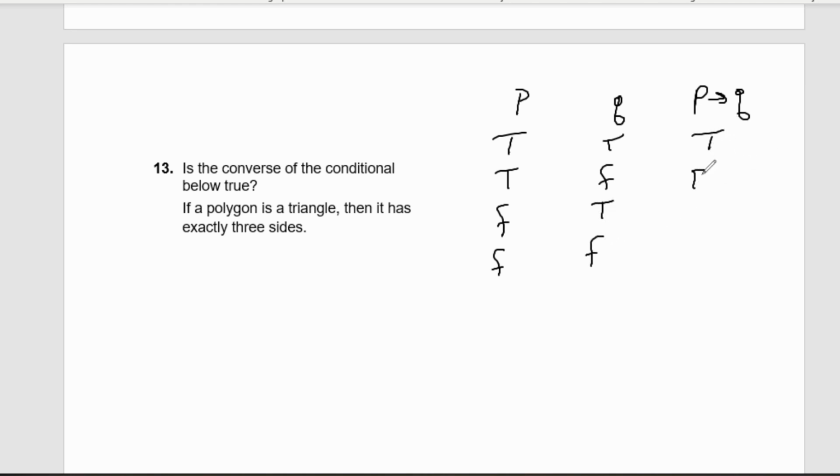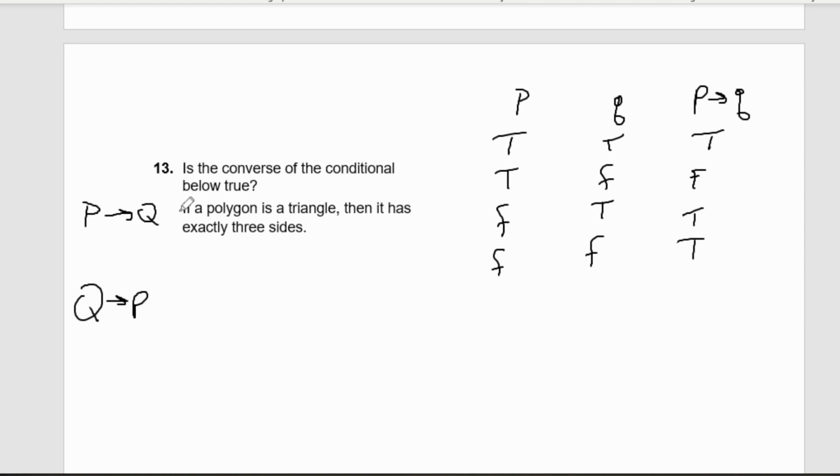And then the P implies Q column is always in that manner. And that's just a quick setup since we have it memorized. And now what we need to do is recognize that this is in the form of P implies Q, and our converse is in the form Q implies P. So I'm going to identify my P and my Q, and then I'm going to swap their order.